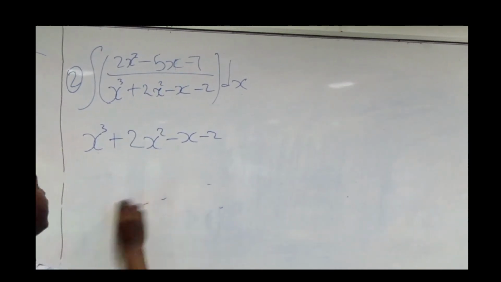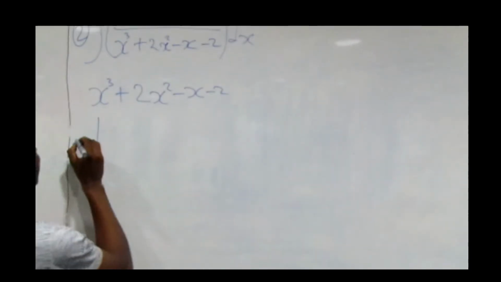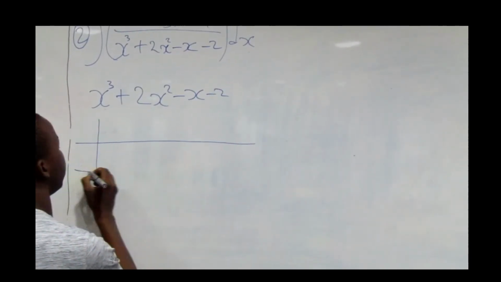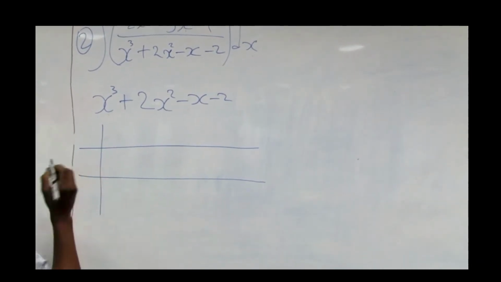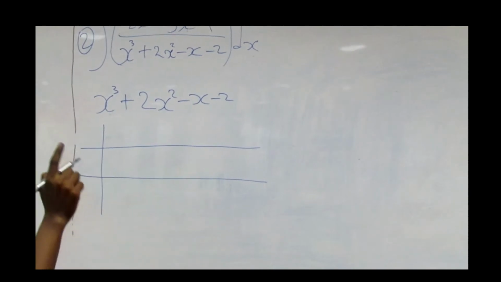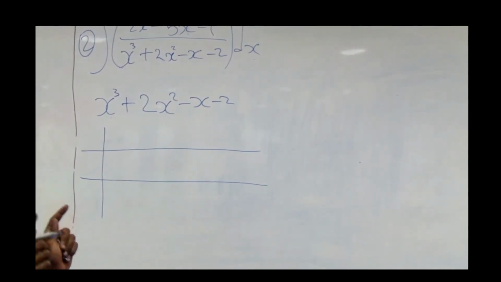How do we simplify then after getting our factor? You draw this table. Here you put your factor: if it is positive 1, you put 1, not negative 1. If it is positive, you put it as positive.